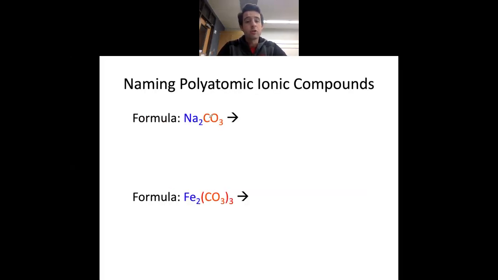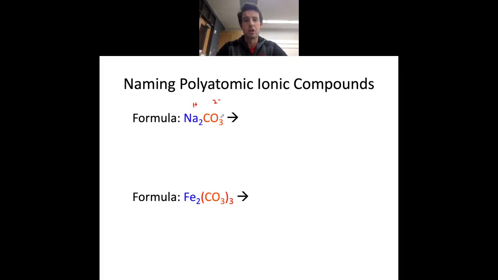Okay, so here are 2 examples of polyatomic ions with 2 different compounds. You'll notice that in this problem, the polyatomic ion that we're working with is CO3. It's called carbonate, and CO3, as you may have guessed by the fact that we have 2 Nas over here, has a -2 charge, and Na, of course, has a +1 charge. So in this case, we just name Na. Na is sodium.